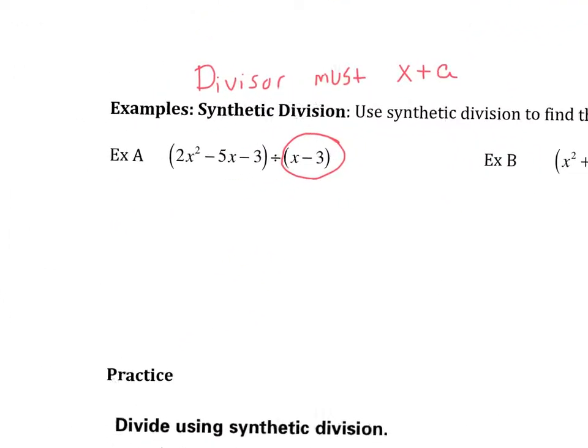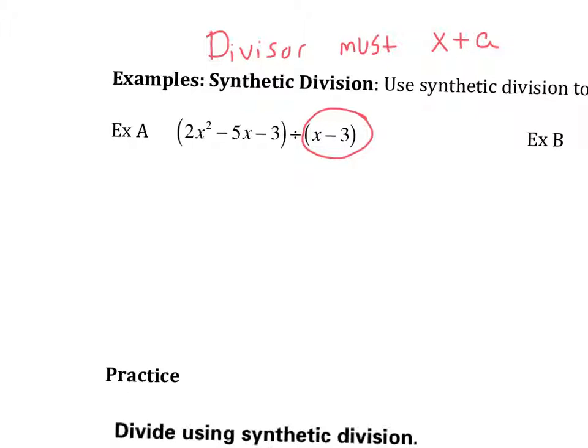All right, so let's see the magic of synthetic division. What's nice about synthetic division is that there are no letters to be had. We just leave the letters out. So here's what we do. We take a look at each coefficient, a 2, a -5, and a -3, including the constant.